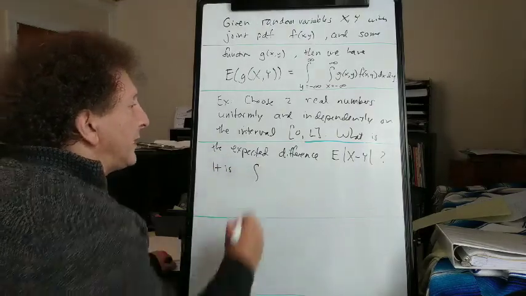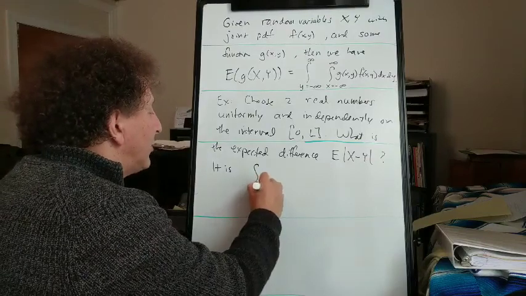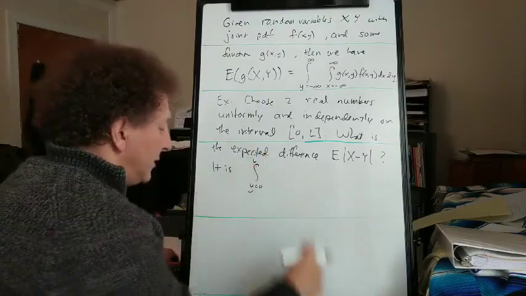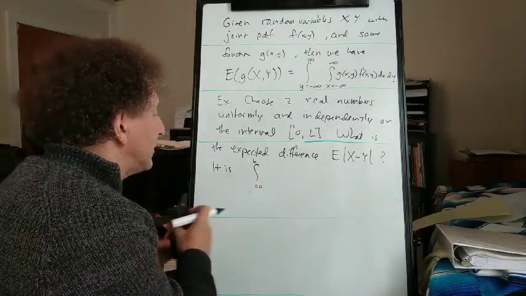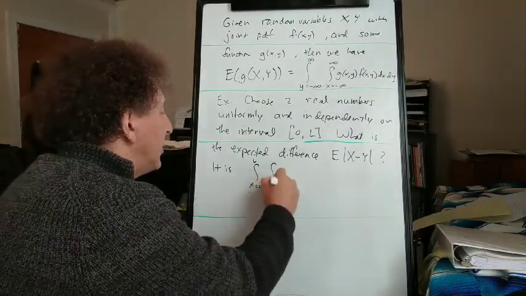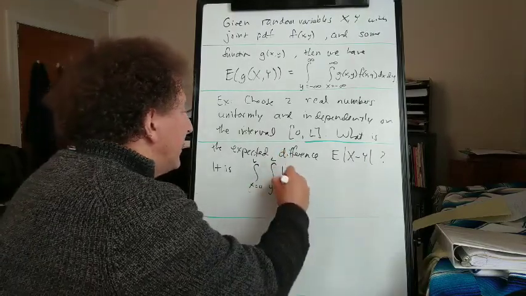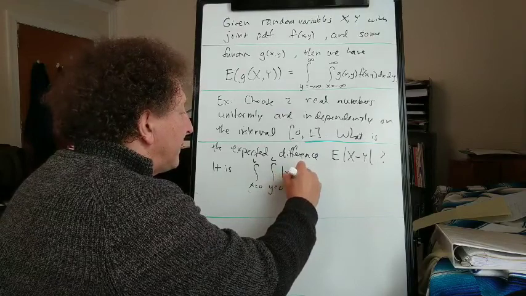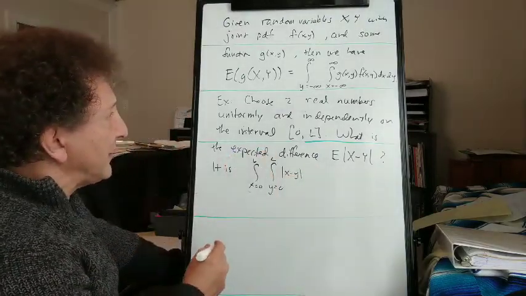So we're going to take the integral. Actually, let me put the x integral on the outside. X will go from 0 to L. Y is going from 0 to L. And we have absolute value of x minus y times the density function.